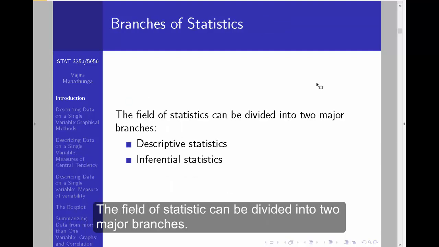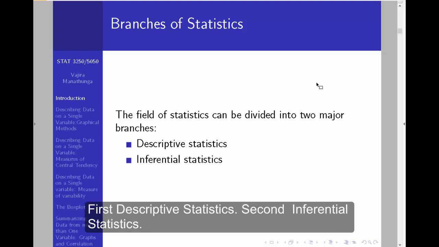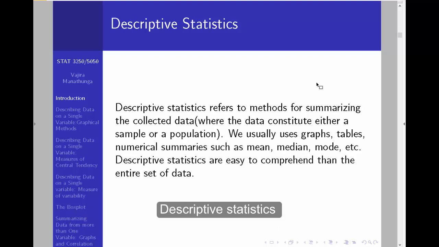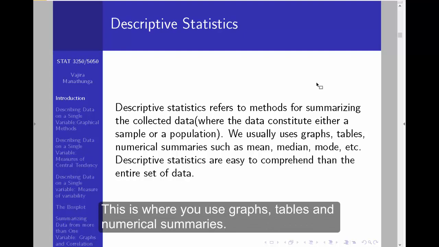The field of statistics can be divided into two major branches. First, descriptive statistics. Second, inferential statistics. Descriptive statistics deal with summarizing sample data. This is where you use graphs, tables, and numerical summaries.